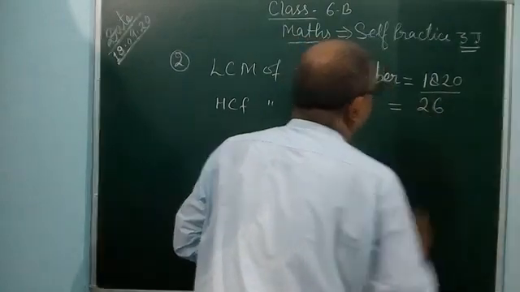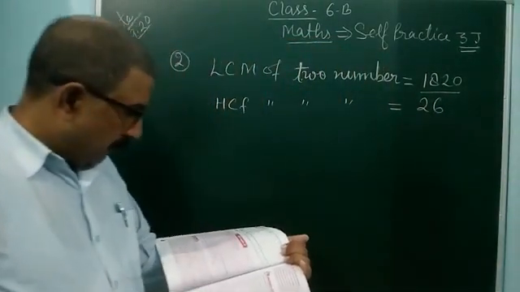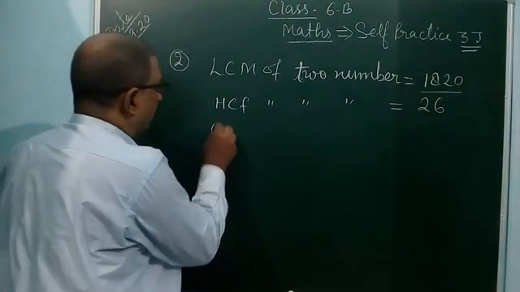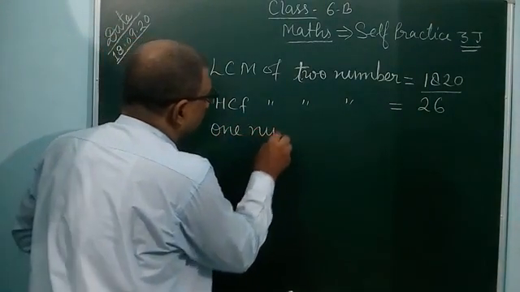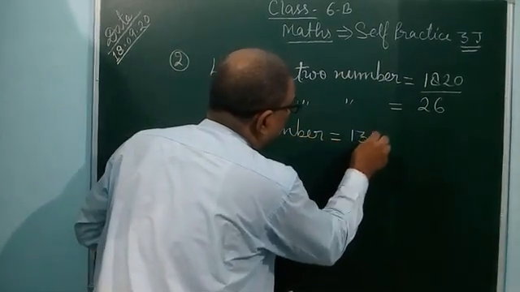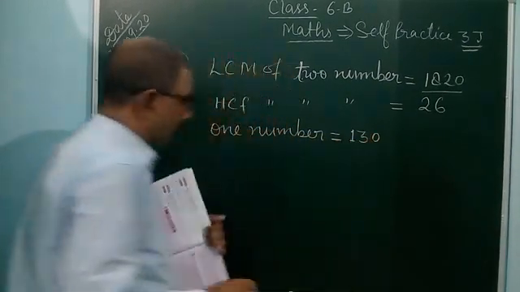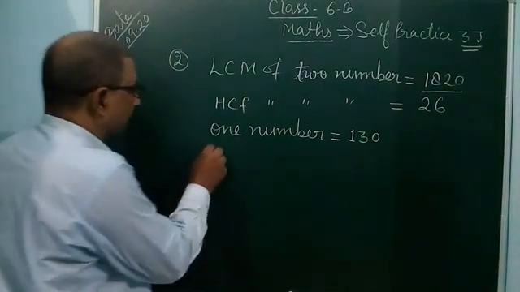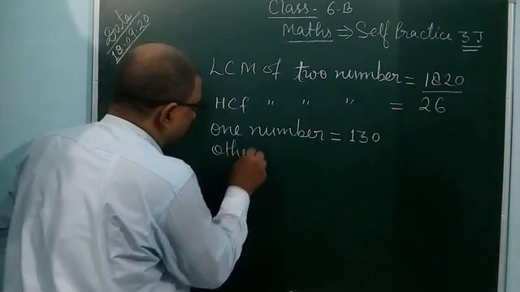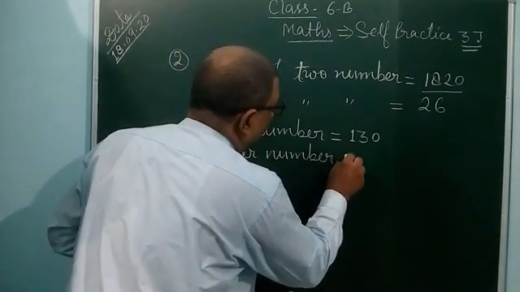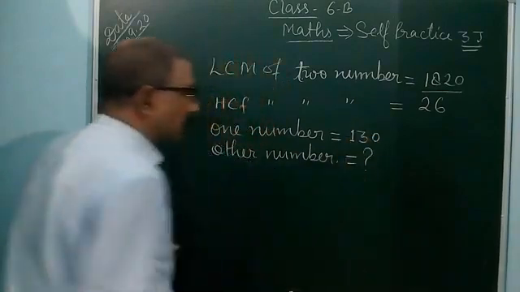HCF is given 26. If one number is 130, then find the other number. Other number is equal to question mark.